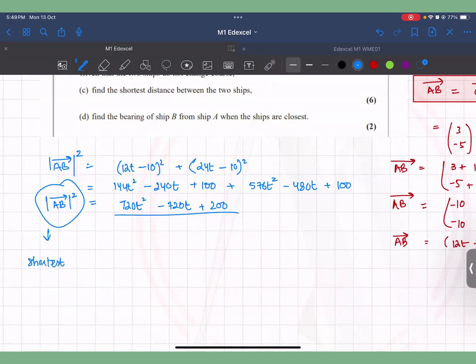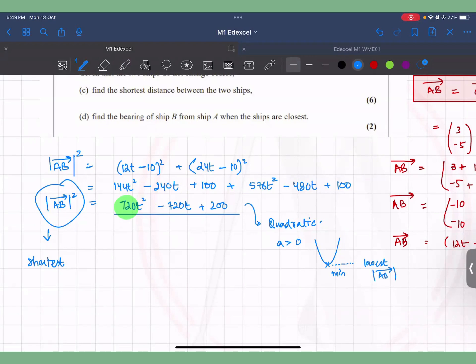Now you can see this is a quadratic equation, and its coefficient a, the coefficient of t squared, is positive. If it is positive, then the graph is a smiley face like this. So there would be a minimum point, and the y value of the minimum point will be the lowest value for the distance AB.